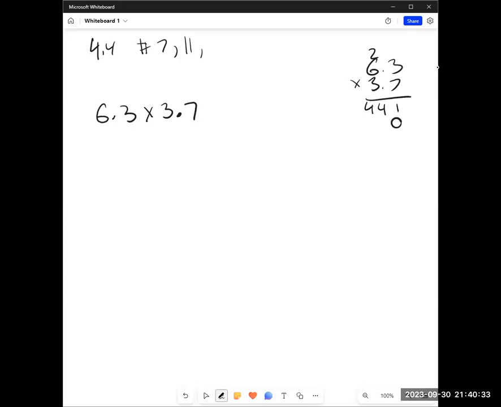The 0 in the place of the ones. 3 times 3 is 9. 3 times 6 is 18. I'm going to add 1, 13, 12 and 1 is 13. And then we've got 2 decimal places, so we end up with an exact answer of 23 and 31 hundredths.